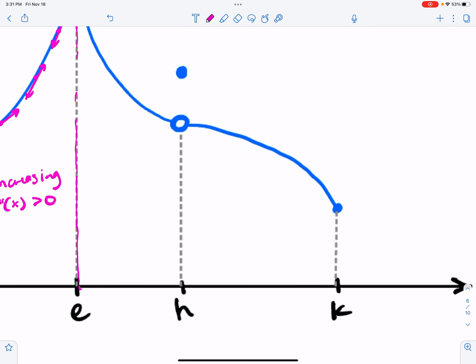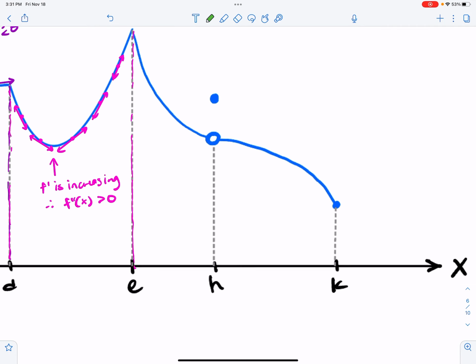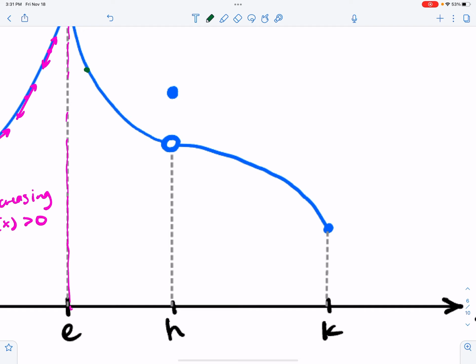Okay, and then two more intervals to inspect. Let's look at from E to H. Here we'll choose a color we haven't used yet. Drawing a couple of tangent lines. Okay, so they're negative sloping tangent lines on the interval from E to H, and it looks like they're becoming less steep.